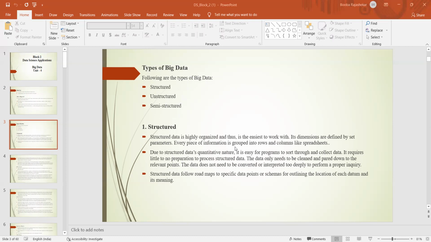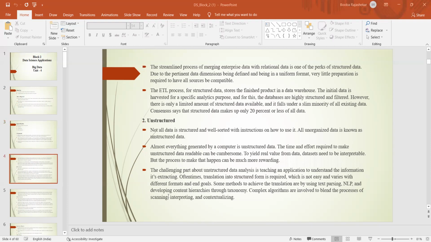Structured data follows a roadmap to specific data points or schemas, outlining the location of each datum and its meaning. Merging enterprise data with relational data is a streamlined process, one of the perks of structured data, due to the pertinent data dimensions being defined and in a uniform format. So very little preparation is required for structured data.